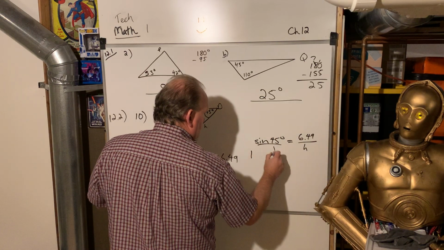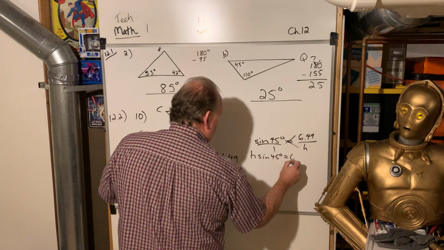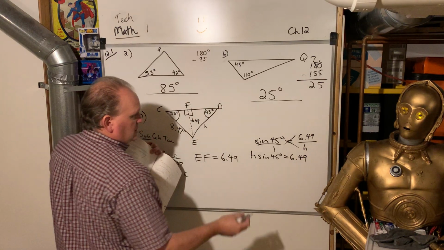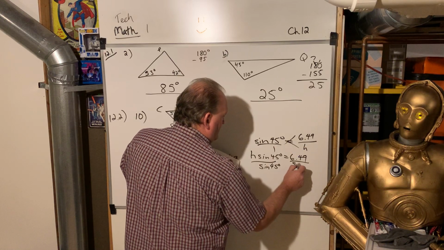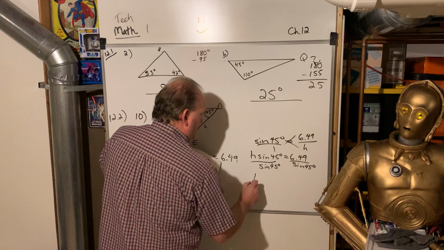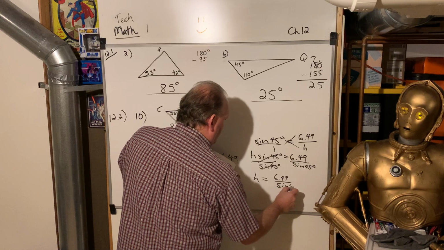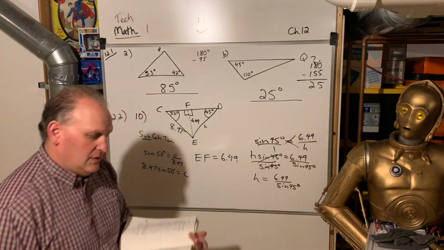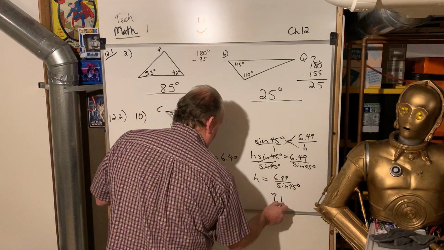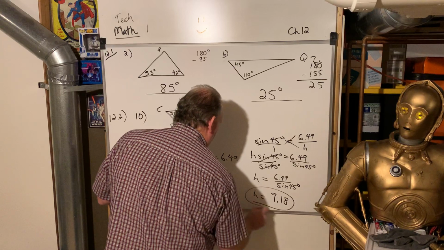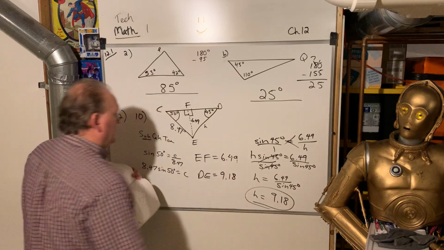That's over 1, so that times that. h times sine 45 degrees equals 6.49. And if you looked at other lectures, I told you you can just swap the h and the sine 45, because that's the end result anyway. When you cross multiply and solve, 6.49 divided by the sine of 45 degrees, you click that in your calculator, you get 9.18. So length DE is 9.18.